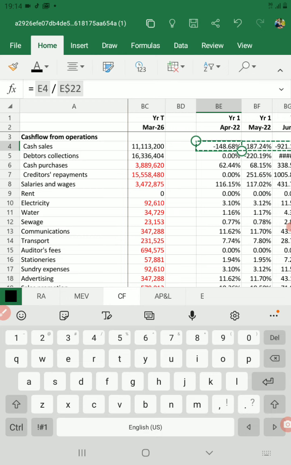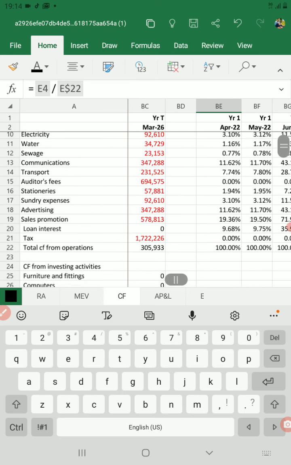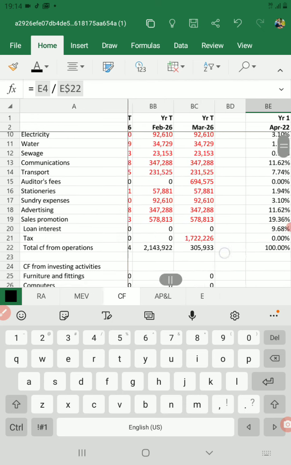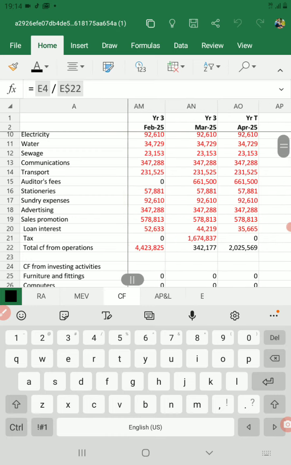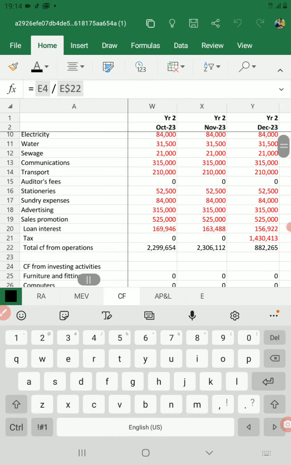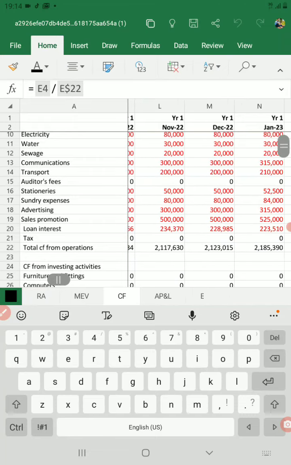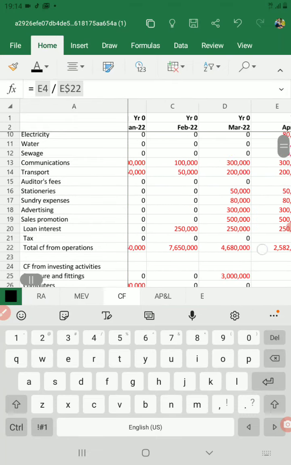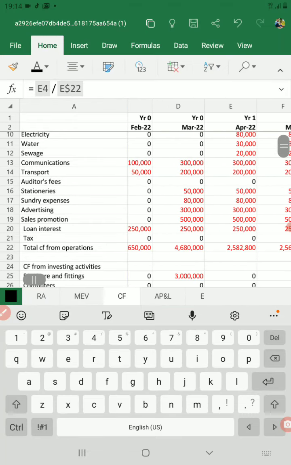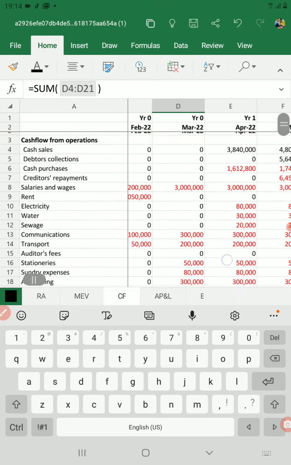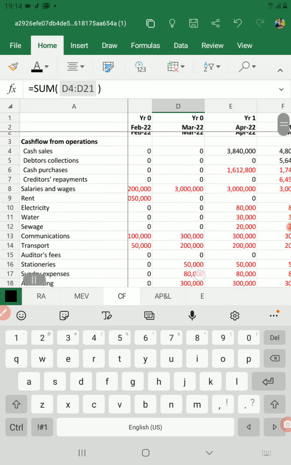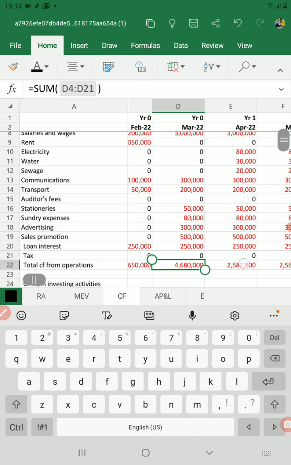First, it is more than 100% because if we go now to April, where we are doing our analysis here, we see the total cash flow from operations figure is negative, okay? That's why our percentage was negative.